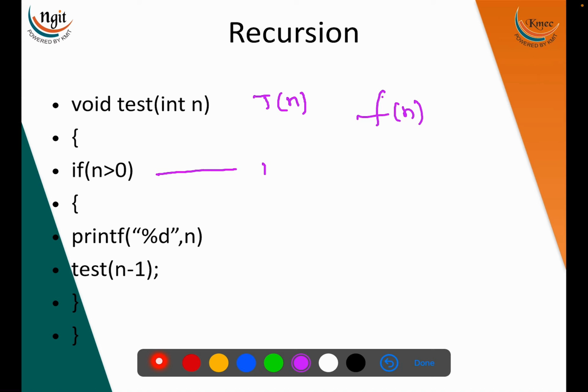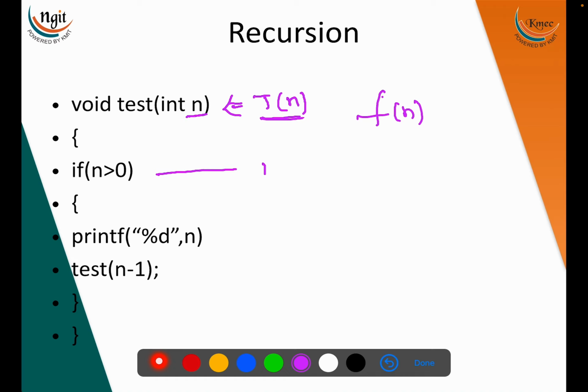So the recurrence relation of this function is T of n. For the function test of int n, the time required to execute this function for n value is T of n.